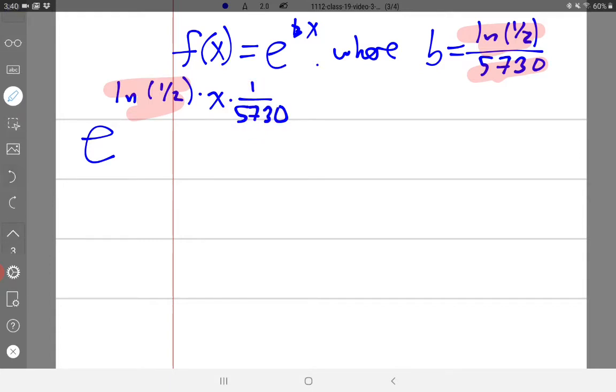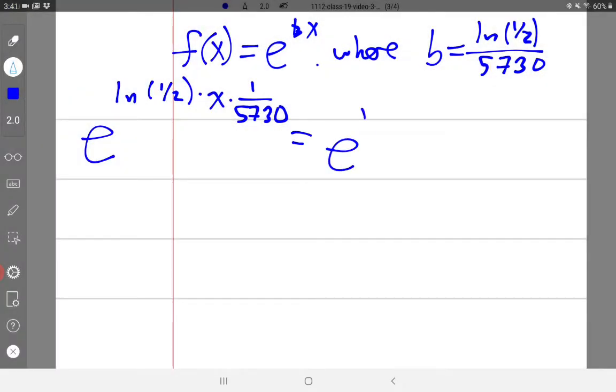And the reason I'm doing that is that I'm about to apply an exponential property that we know that will make this look a little simpler. I can write this as e to the log of 1/2, and then all of that raised to the power x over 5,730.